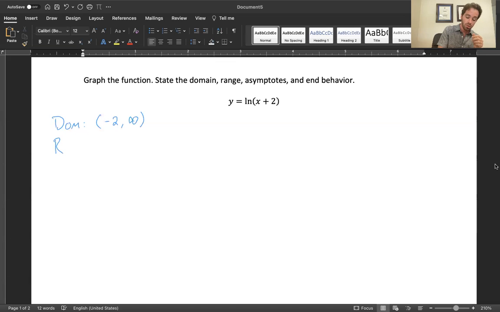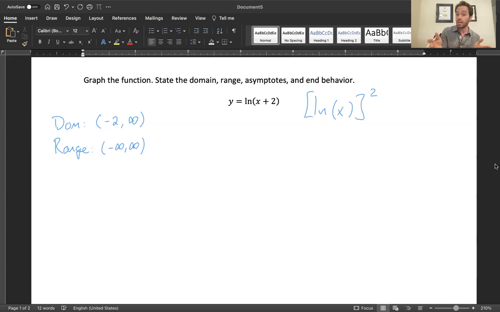The range for every log function, unless something really strange happens, is going to be from -infinity to infinity, because this can have an output of anything. When I say something really strange happening, I mean like ln of x squared.